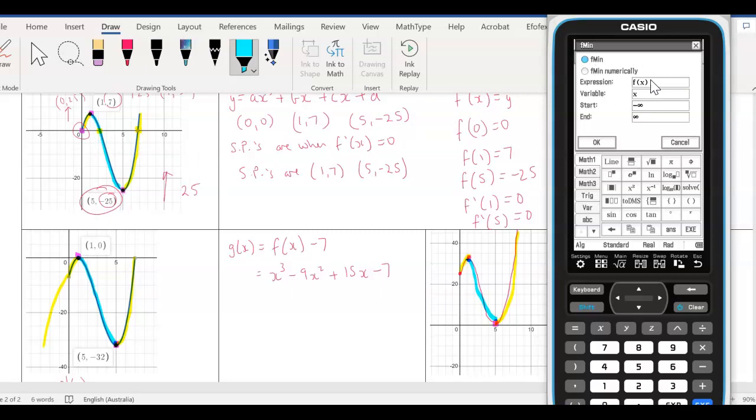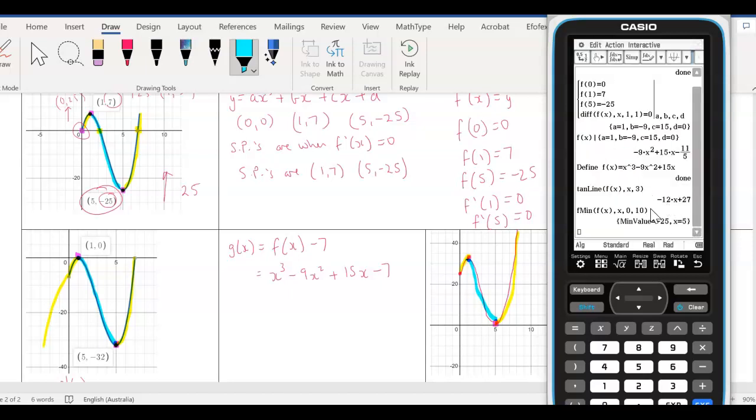So on here we're doing f of x, and instead of doing from -infinity, otherwise obviously your minimum is going to be -infinity, let's just do it from x equals 0 to x equals 10. All right, and then you can see there. So your minimum value is -25 when x is equal to 5. All right, you can do that for your maximum as well.